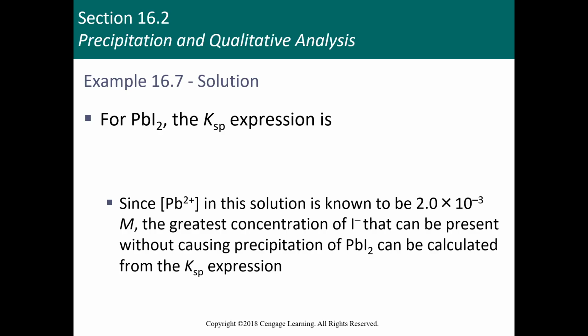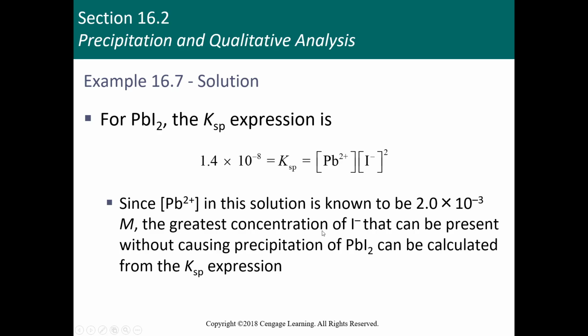Okay, so this right here is the lead iodide, PbI2. This would be the Ksp expression right here. And you see again, that's just the first power for lead, and that's the second power for iodide. The lead in this solution is known to be 2 times 10^-3 molarity.